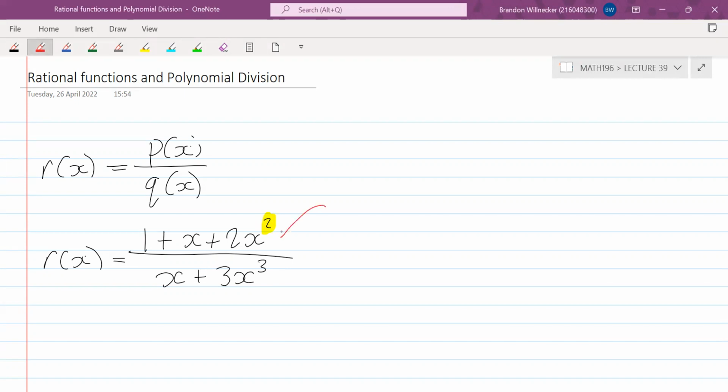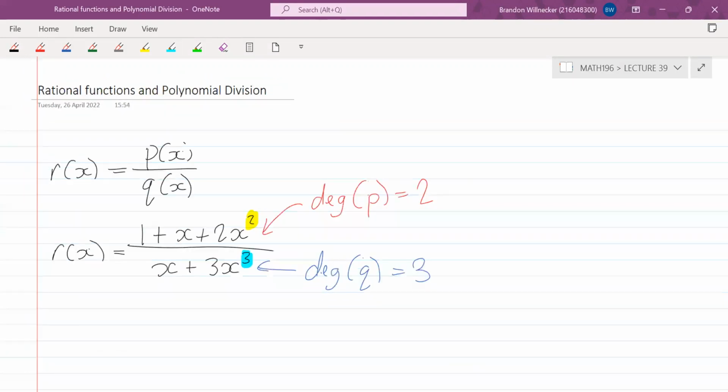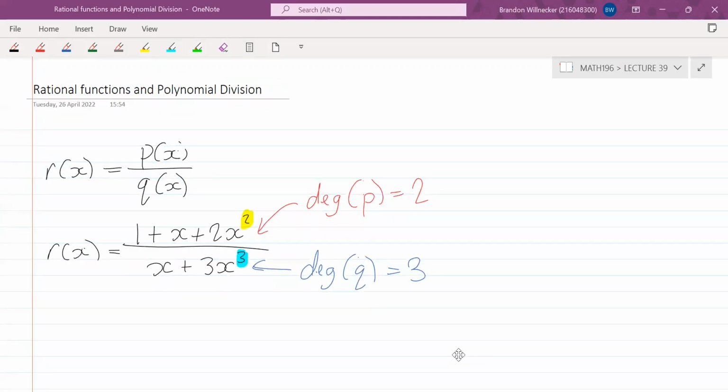So here, the degree of p is 2, because it's a quadratic polynomial at the top. And at the bottom, the degree of the denominator is 3, because that's the largest exponent in the denominator's polynomial. So here, the degree of q is 3. Okay, so you can come up with any polynomial for the numerator, any polynomial for the denominator, and you got yourself a rational function.